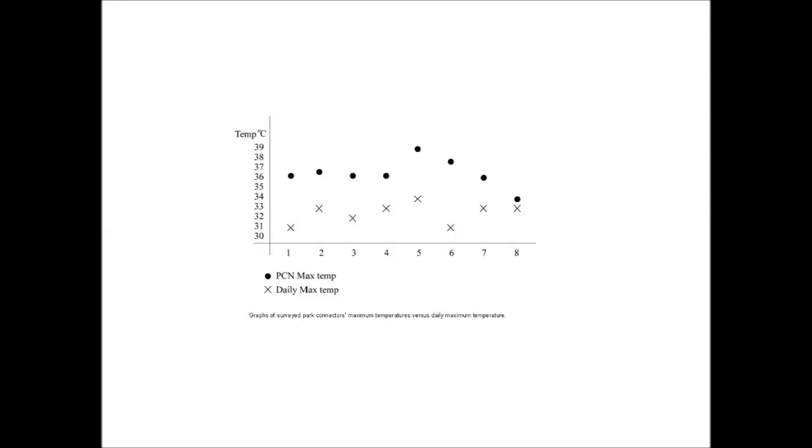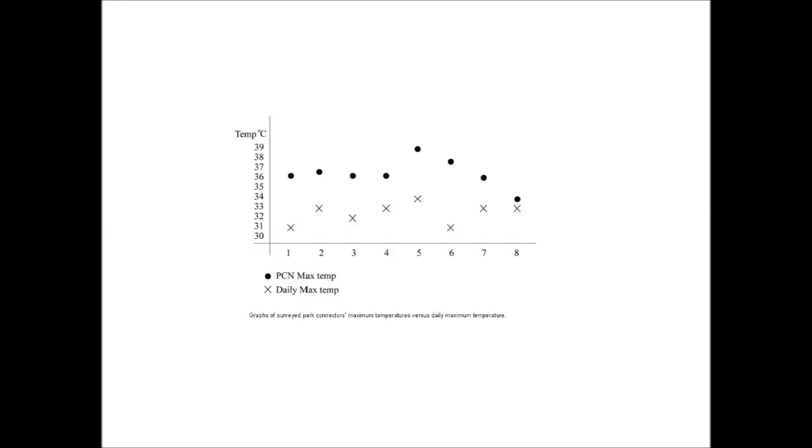The hottest temperature, at number 6, the Gelang Bahru Park Connector, for example, was 38 Celsius, whereas the daily maximum temperature by the official weather report was 31 Celsius on the same date and at the same time.